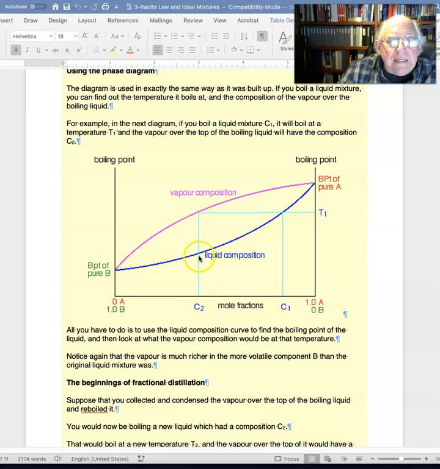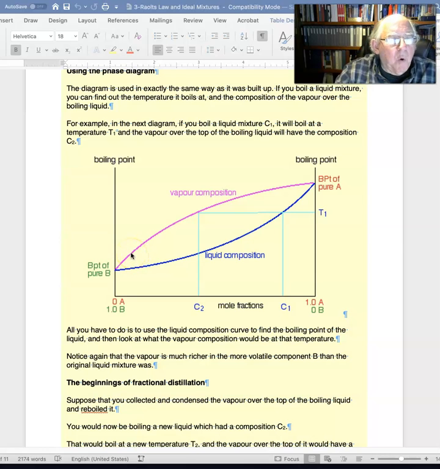We then would have a liquid that is at that particular point. Now, if we can somehow separate that from the previous liquid, we now have a liquid that we can boil at a lower temperature, and what will come off of that liquid will be over here.